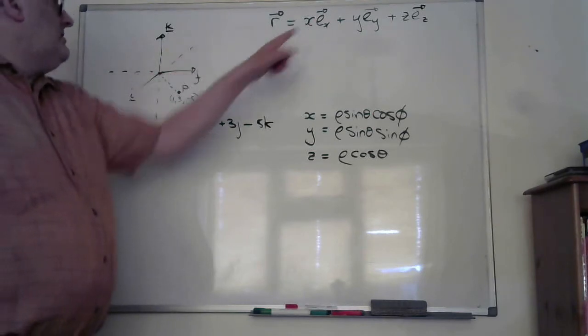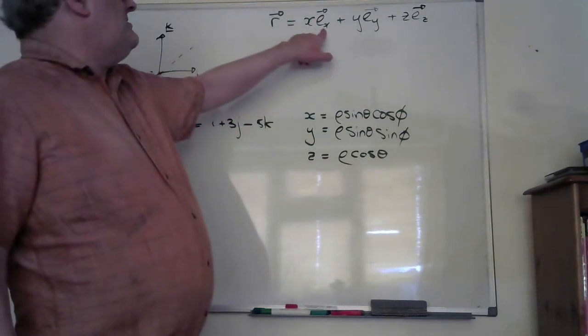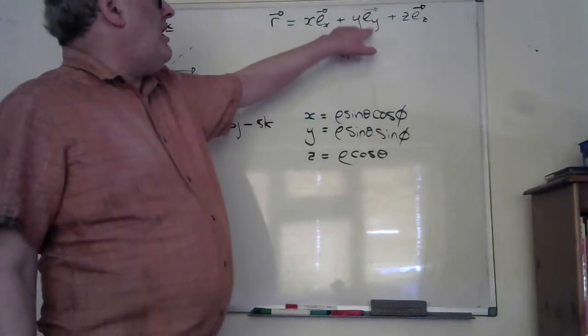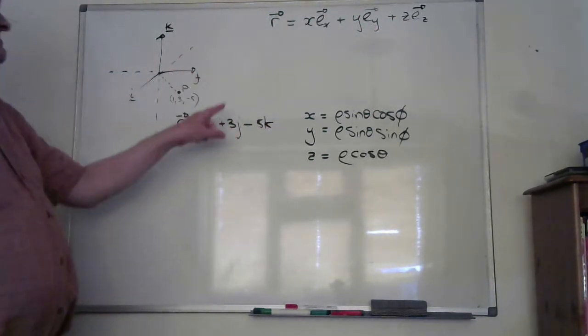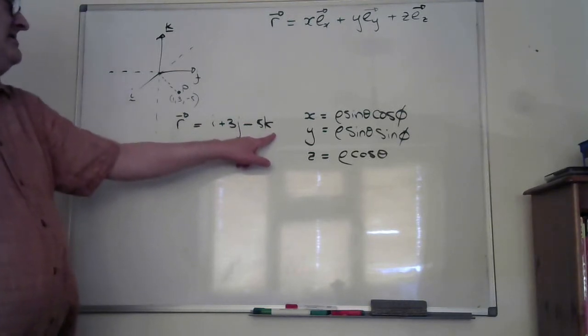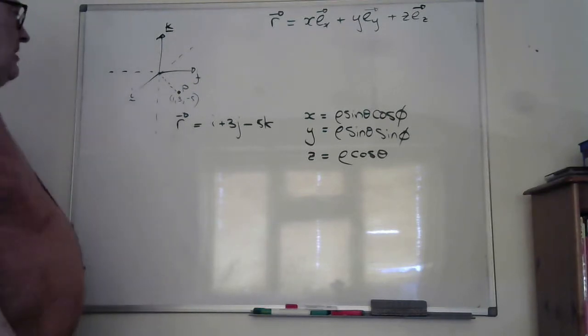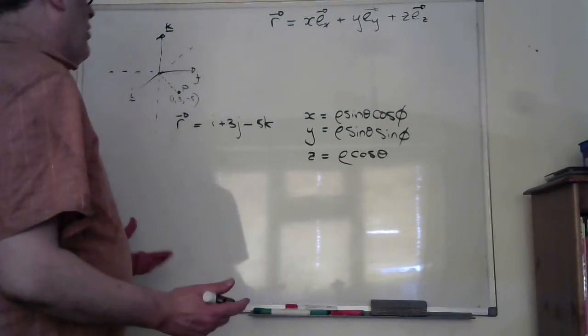Well, these basis vectors, e sub x, e sub y, and e sub z, are just a very close analogy to the i, j, and k of ordinary high school level mathematics. And that's basically what they represent.